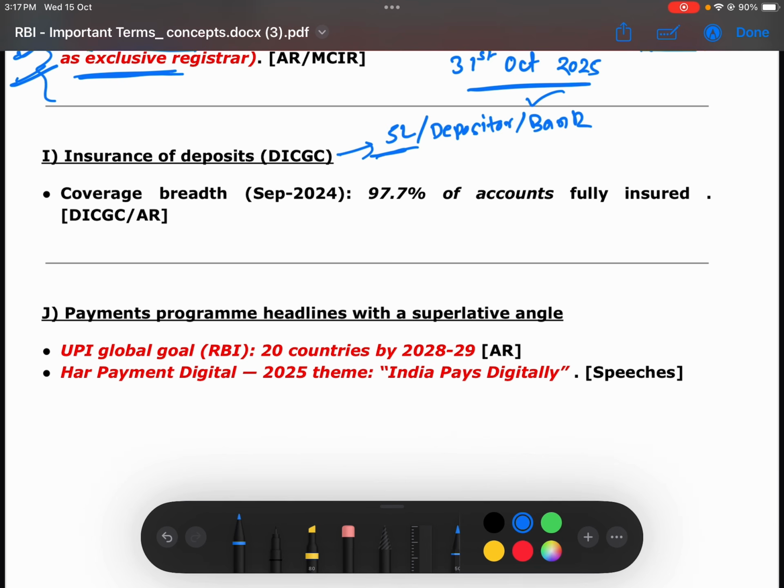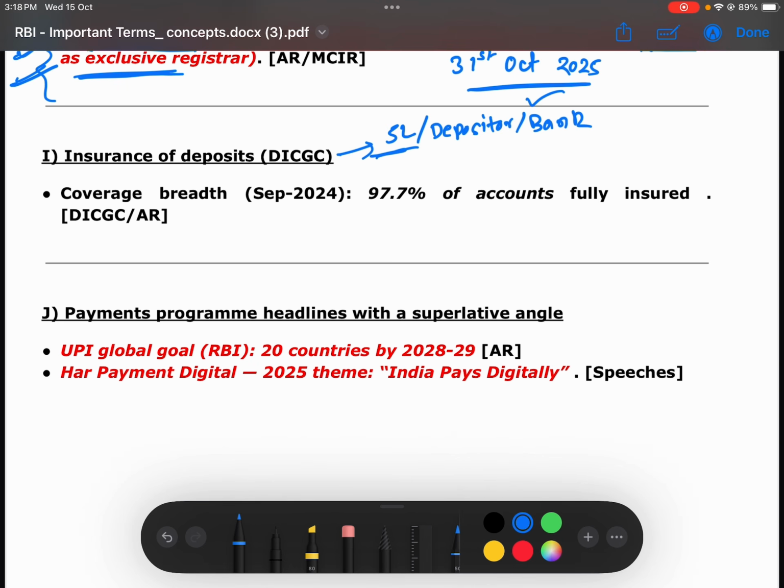It applies separately across different banks. Your savings account, current account, fixed term and recurring deposit, everything will be covered. All commercial banks have to do this, and the premium of DICGC will be paid by the banks and not by the depositors. Directly, the bank cannot recover it from the depositors.